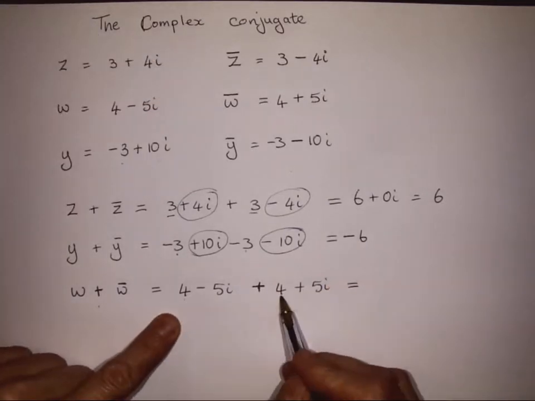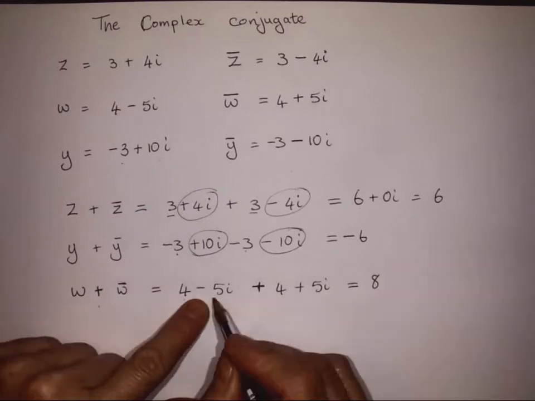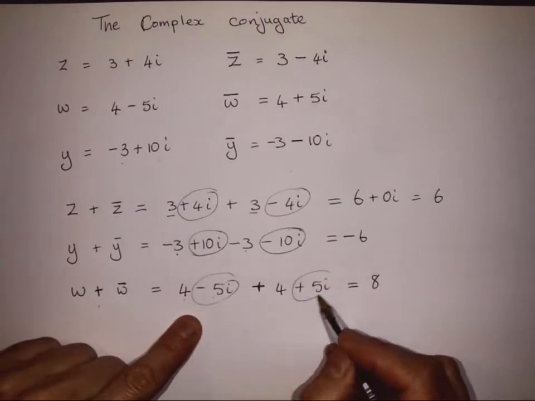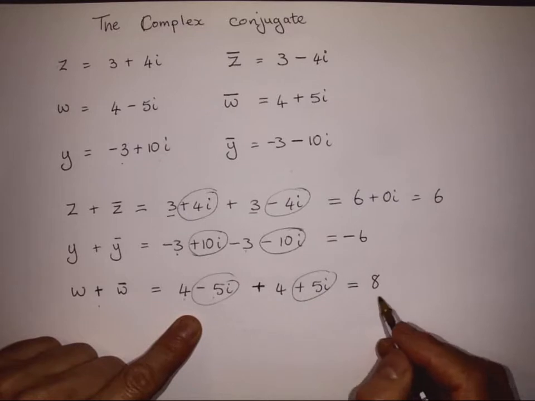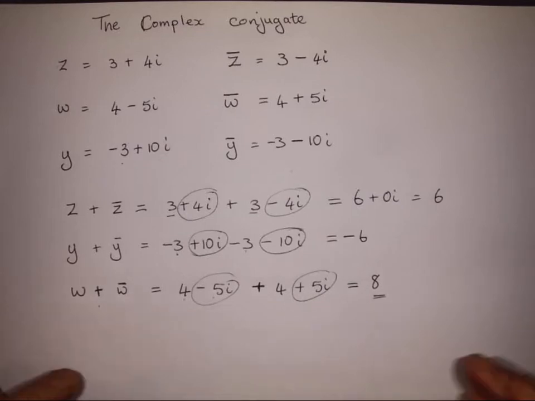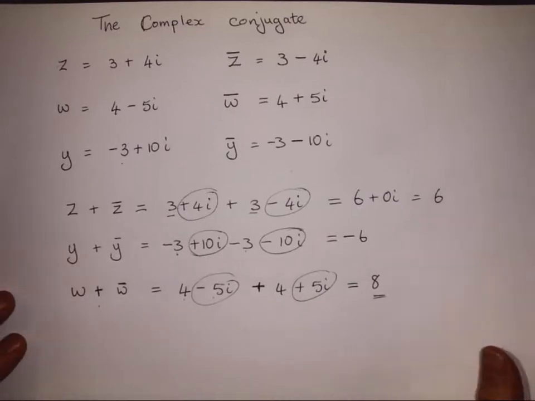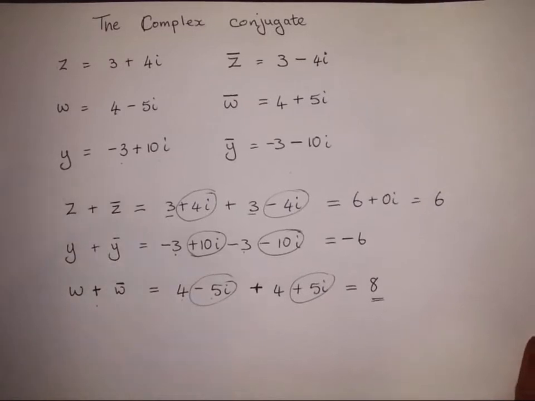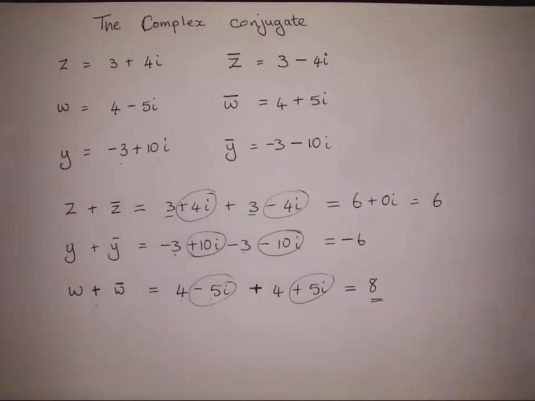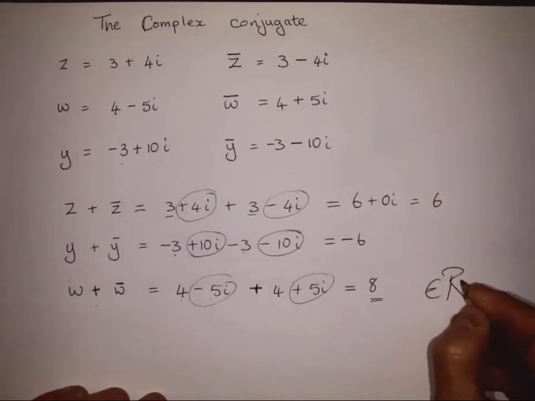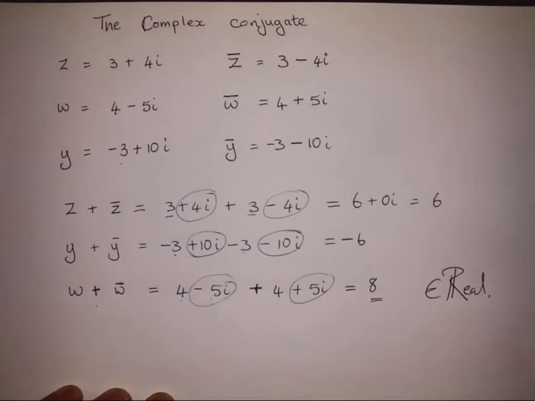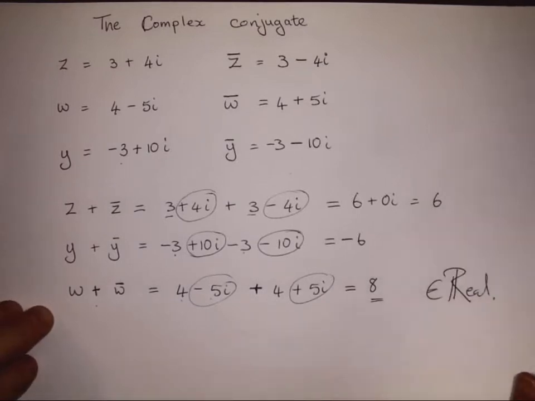So we have 4 plus 4 is 8, minus 5i plus 5i is 0. So that's the answer, 8. Right. So when you add a complex number and its complex conjugate, you will end up with a real number.